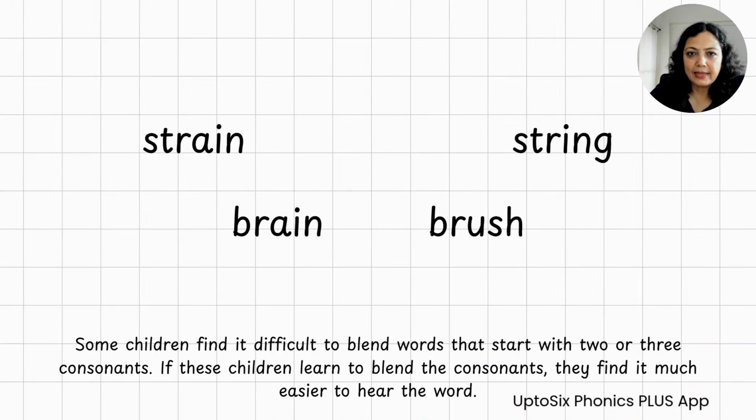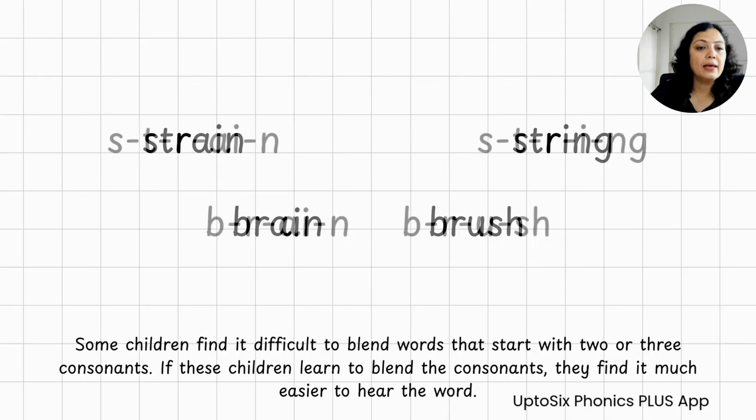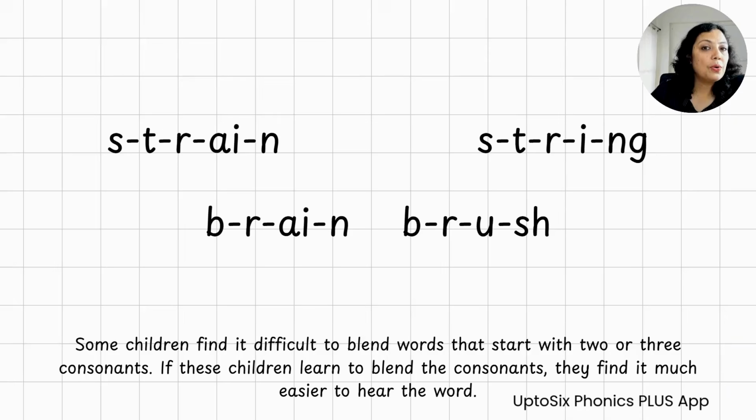Sometimes children find it difficult to read words that begin with two or three consonants, like stan, stin, or ban, or bash.